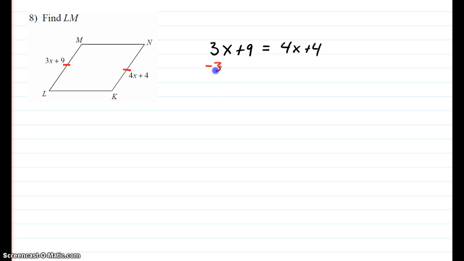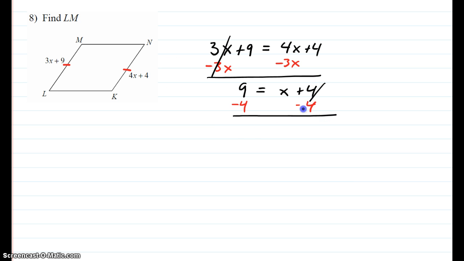Again, I'm going to move the smaller number, the 3x. So I'm left with 9 is equal to x plus 4. Minus the 4 from both sides, and I get x equals 5.